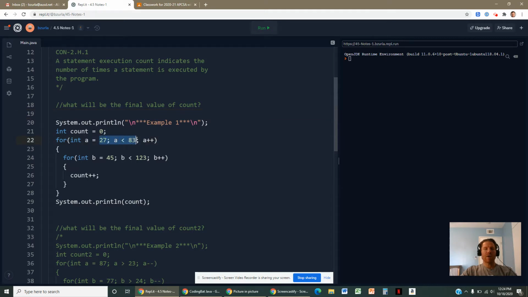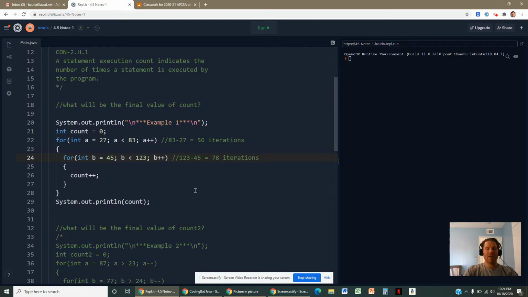So this outside loop is going to execute 83 minus 27, so what is that, 56 iterations. Okay. And this inside loop is going to run 123 minus 45, so that's 78 iterations.